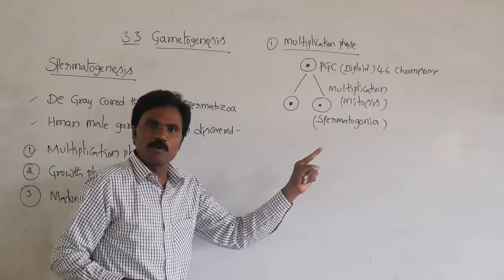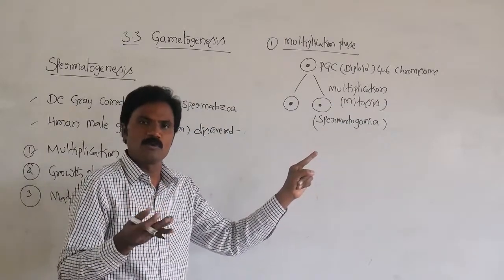What is the ploidy of spermatogonia? Diploid. What is the number of chromosomes? 46.